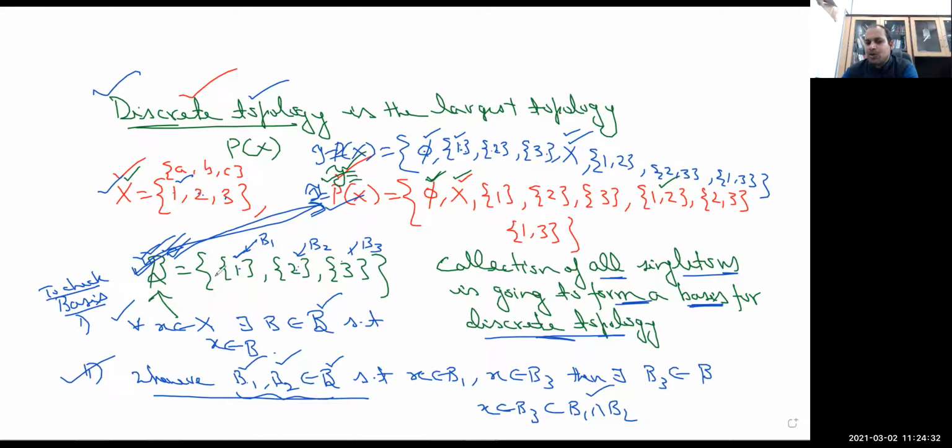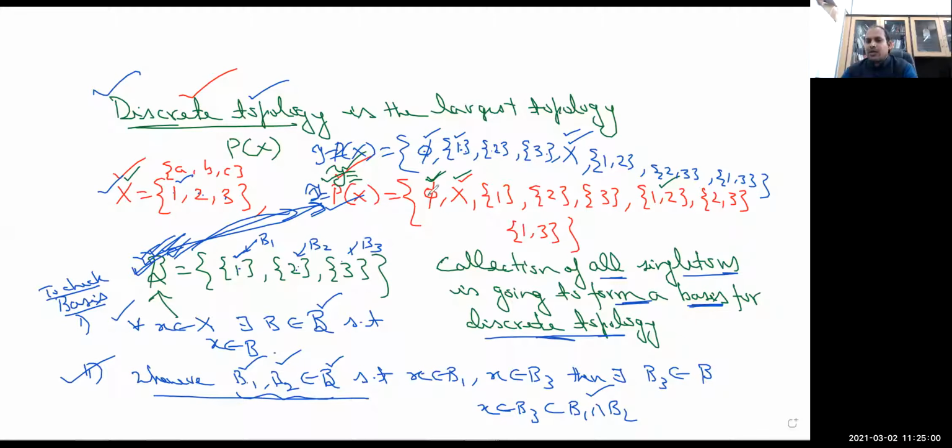But you can see that here the basis is easier to write, because once we know the basis, by taking their arbitrary unions, I can always generate the topology. So this will be useful basically in the case of infinite sets. For infinite sets, it is not possible to always write all of the members of the topology, whatever topology is given there.